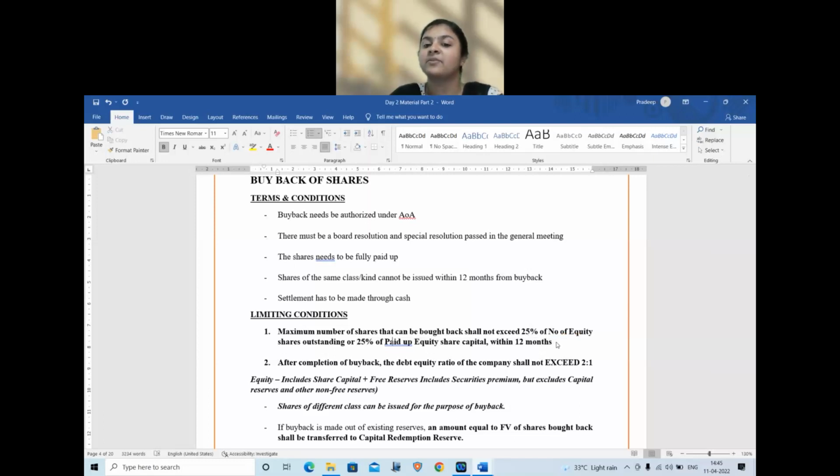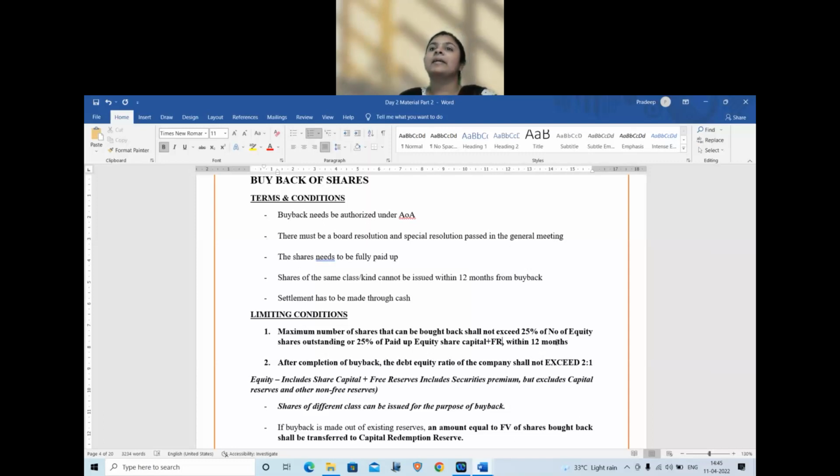Third, after completion of buyback, the debt equity ratio of the company cannot exceed 2:1, which means the debt of the company should not be more than 2 times of the equity. When I say equity, it includes share capital, free reserves and securities premium, but it will not include capital reserve, capital redemption reserve, all these non-free reserves.